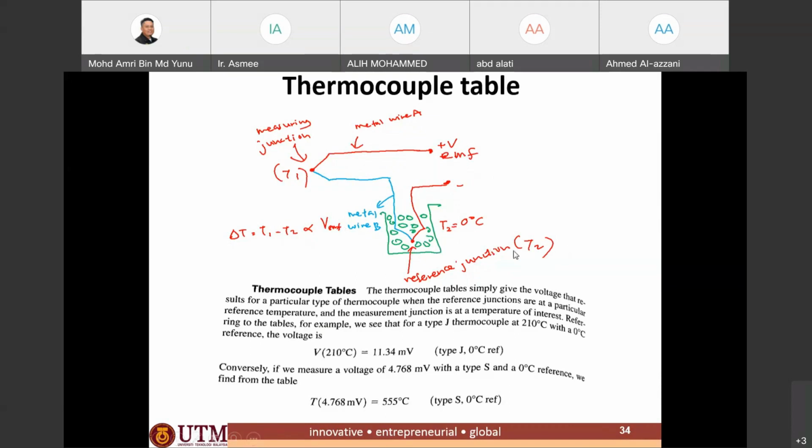Usually the table is made with the reference junction set at 0 degrees Celsius, whereas T2 is 0 degrees Celsius. I'll show you an example.